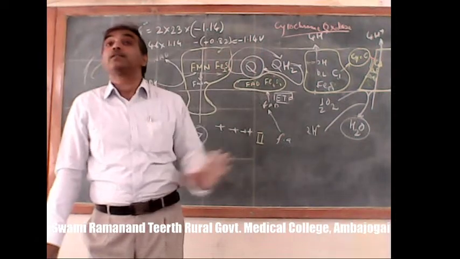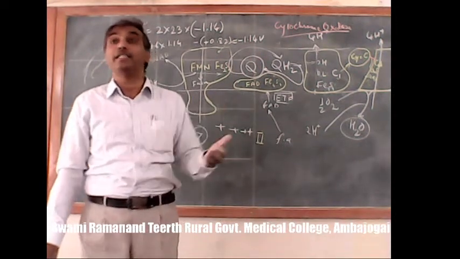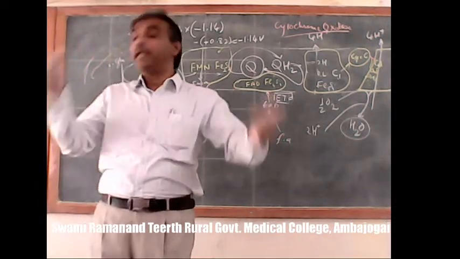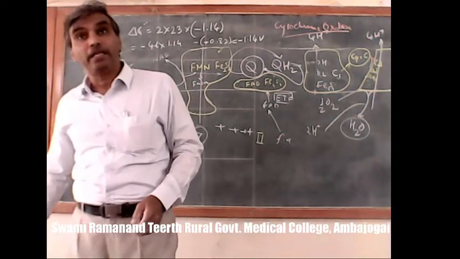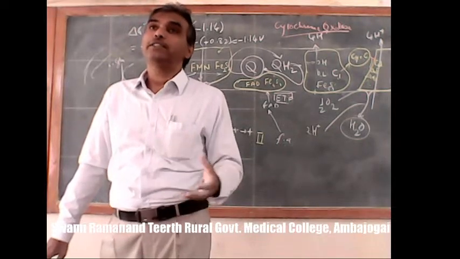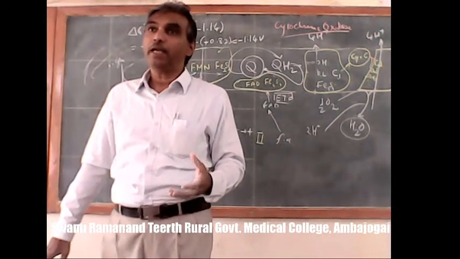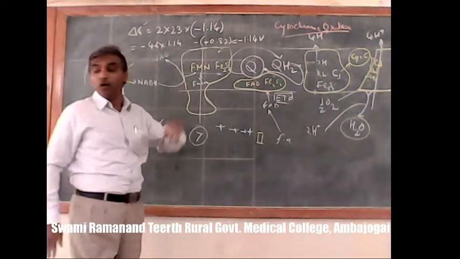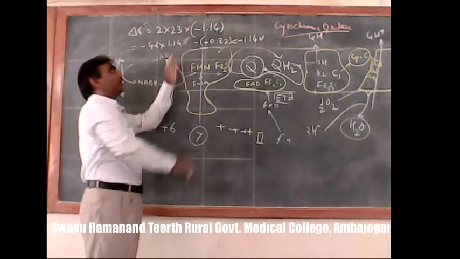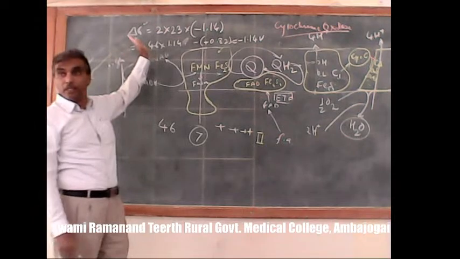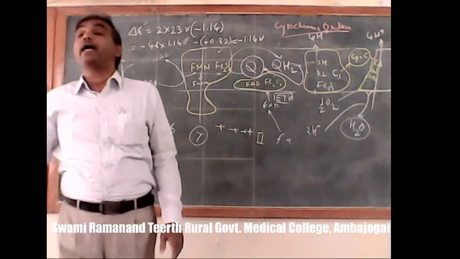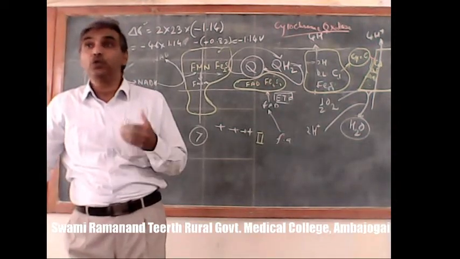Okay, you just calculate, if that is the energy that is liberated, delta G, how many ATPs will be synthesized, and we'll see how many actual ATPs are synthesized in a process called oxidative phosphorylation. Okay? So energy liberated is 46 into 1.14, this is totally delta G in kilocalories. So that is the energy that is useful to do work.